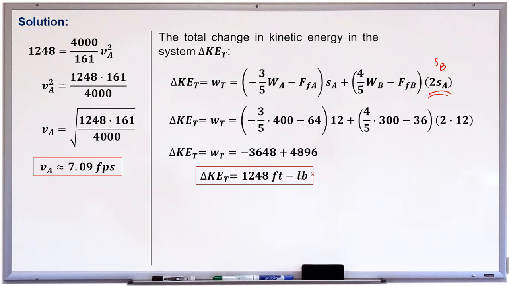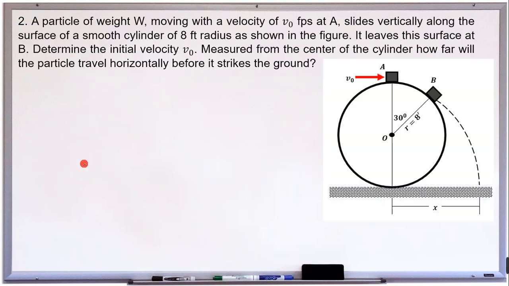So we have a total positive work on the system. So this total work increases the velocity starting at rest, that is at velocity equal to 0, to the final velocity of A, that is roughly equal to 7.09 feet per second.